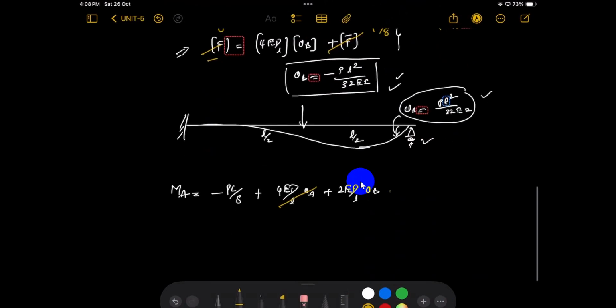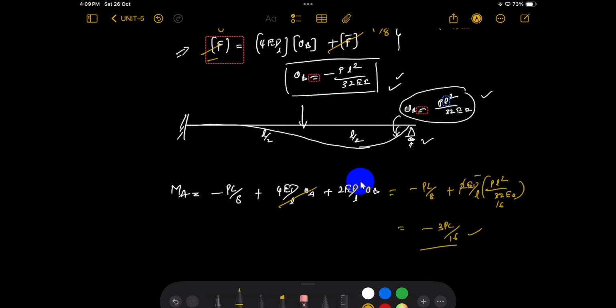So what will you get? Minus PL by 8, plus 2EI by L into theta B, which is PL square by 32EI negative, so minus 3PL by 16.